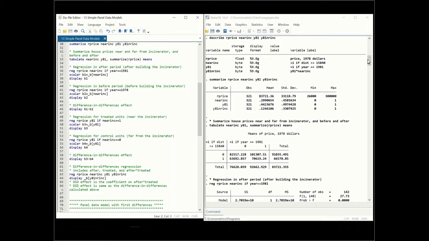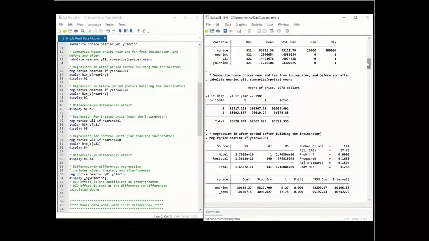So here we are summarizing the house prices near and far from the incinerator and before and after. For this we use tabulate, and then we have near incinerator and then the dummy variable for the second period, comma summarize, and then we want to summarize the house price.